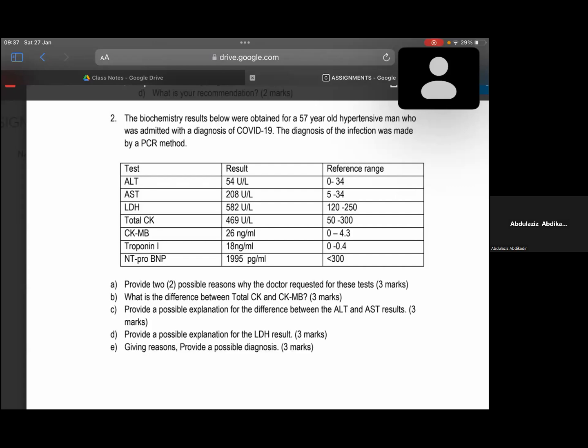Why so? I remember telling you the AST is found in the liver, it is found in the heart, it is found in skeletal muscle and other tissues.